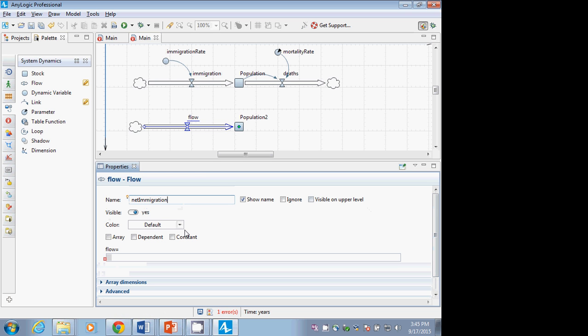Oops, sorry. Its name is going to be net immigration, not its formula here. Okay. Its name will be net immigration. And I tell you that I want the dynamics of population 2 to be identical to population.